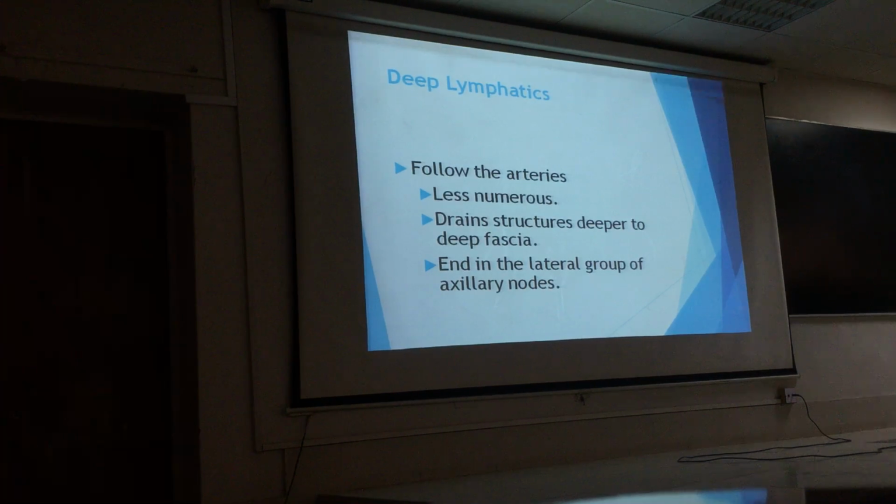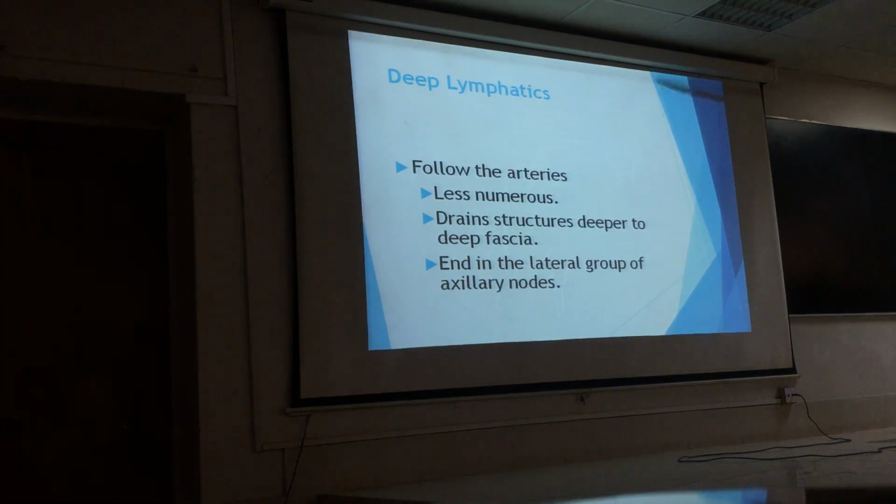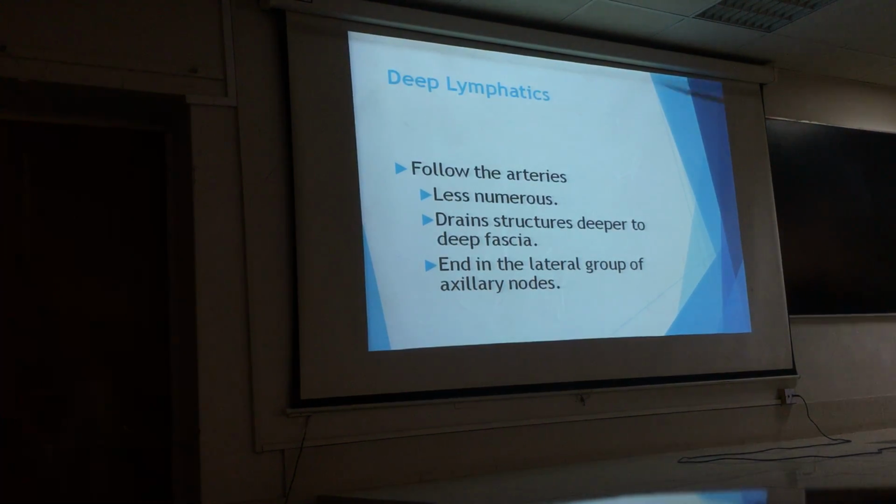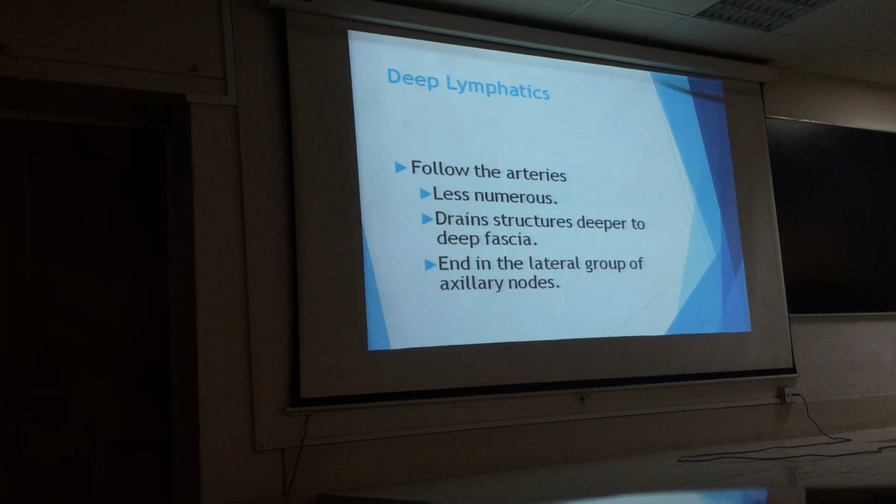Now, if we talk about these deep lymphatics, में खास बात ये होती है कि एक तो ये deeper vein से भी connected होते हैं, plus they are also connected to the arteries. They are actually following the course of the arteries. And these deeper lymphatics are fewer in number as in comparison to the superficial lymphatics.